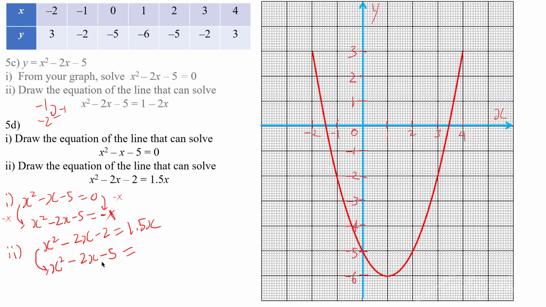What do I do? I minus 3. So here I must also minus 3. So over on this side, I will get 1.5x minus 3. So you are supposed to draw this line. So please do it yourself. And if you need to check your answer, they are down here.